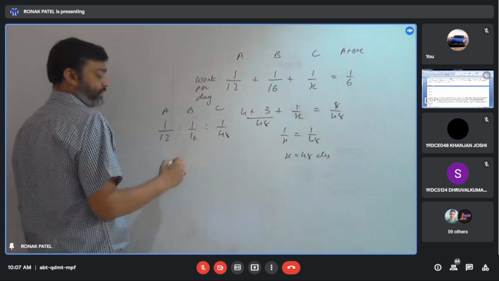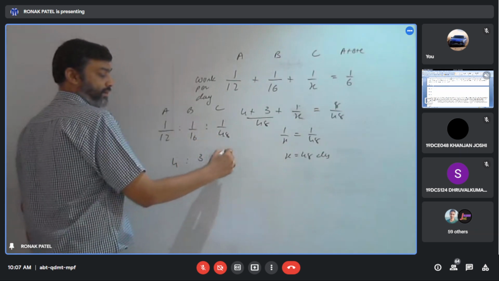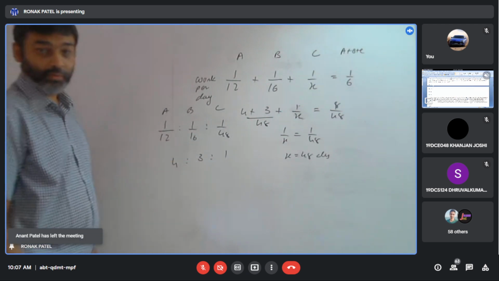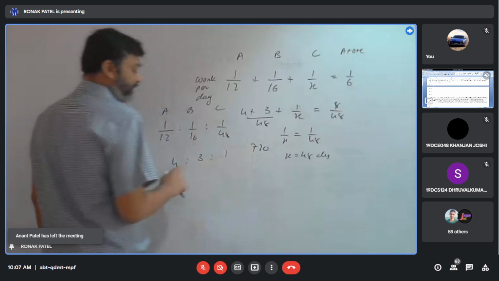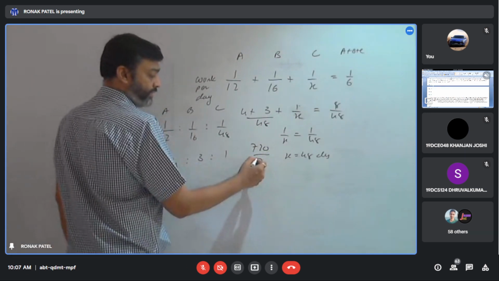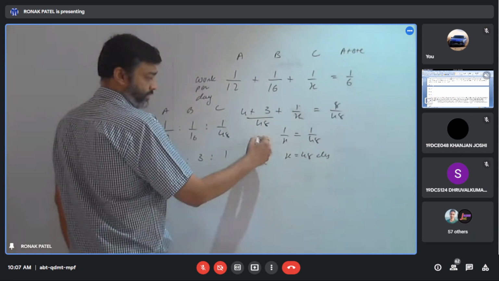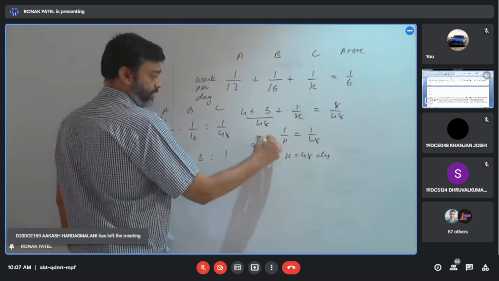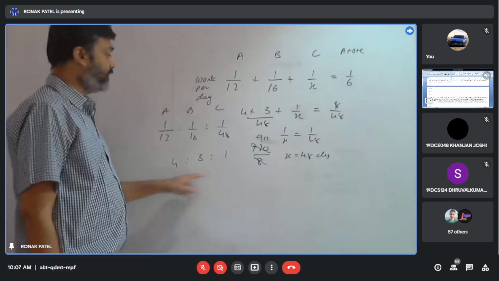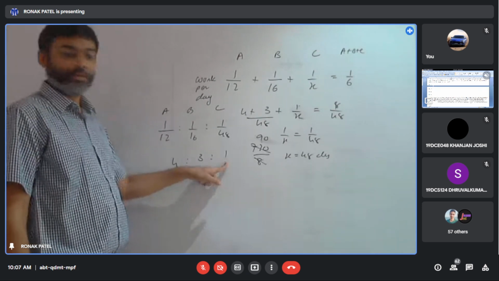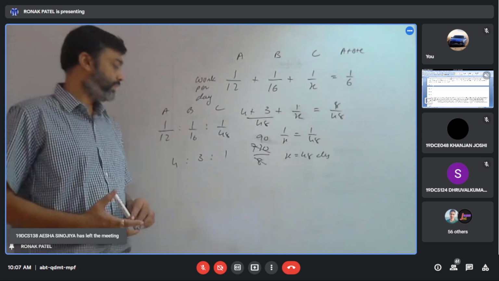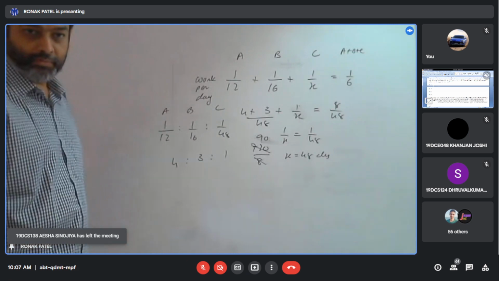If you take the ratio, it is 4:3:1, the ratio in which they should share the amount. The total amount is 720, so divide into 8 equal parts, and each part is 90. So what is the share of Chandan? He is taking one part, so his share is 90. A's share is 360 and B's is 270. Hope you understood.